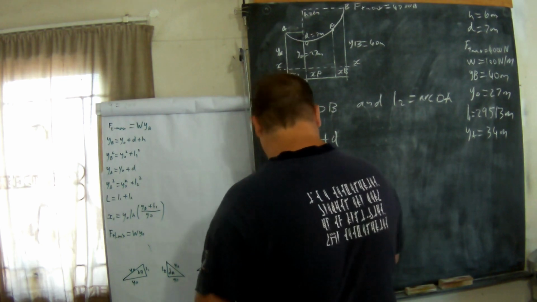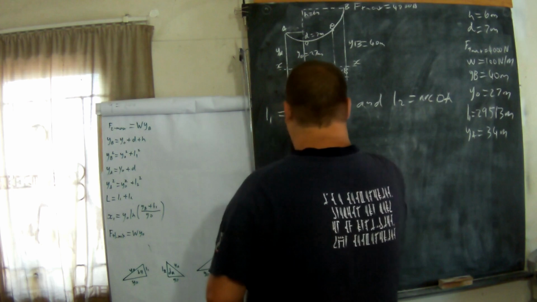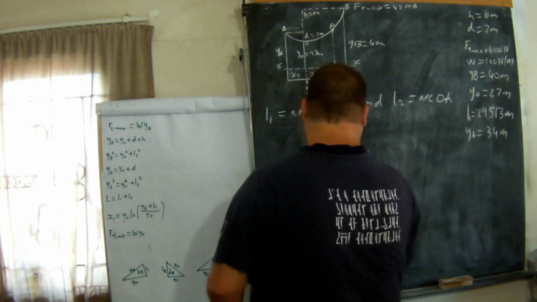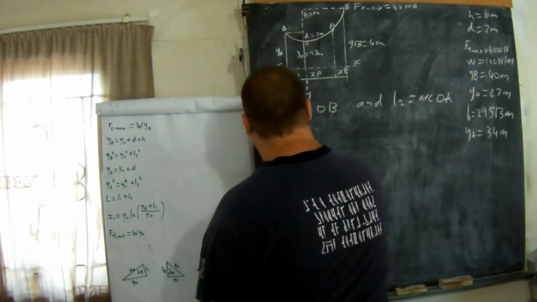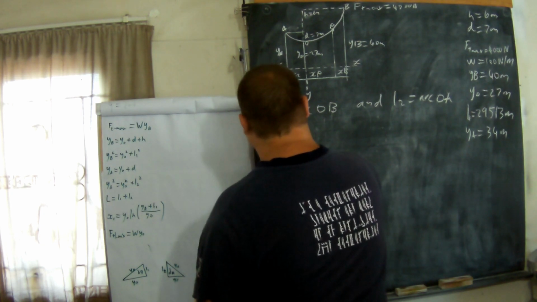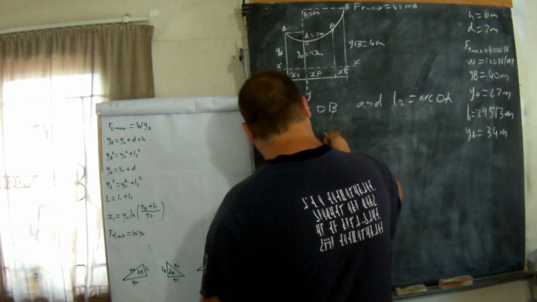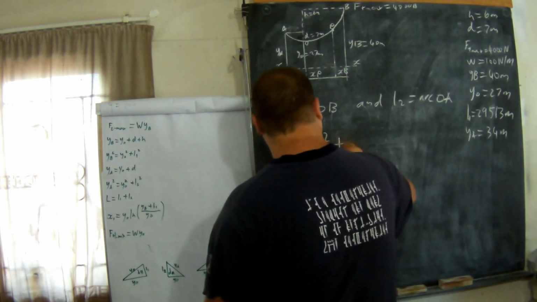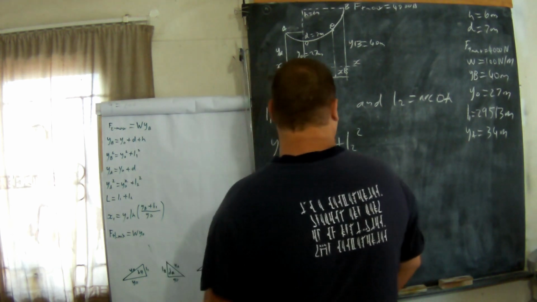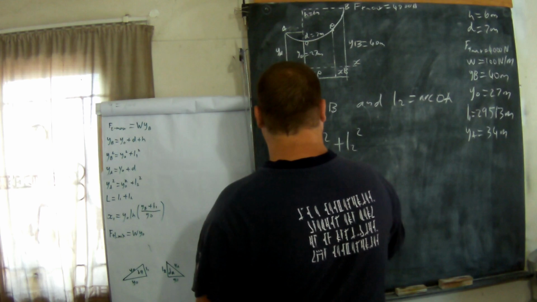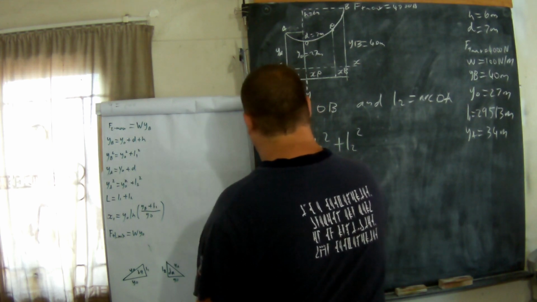Okay, now YA squared equals YO squared plus L2 squared. Okay, so now all we need to do is just minus one from the other.